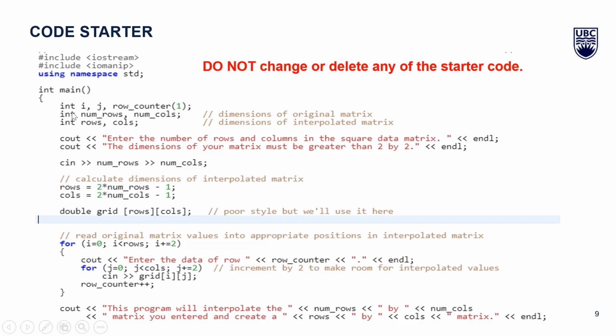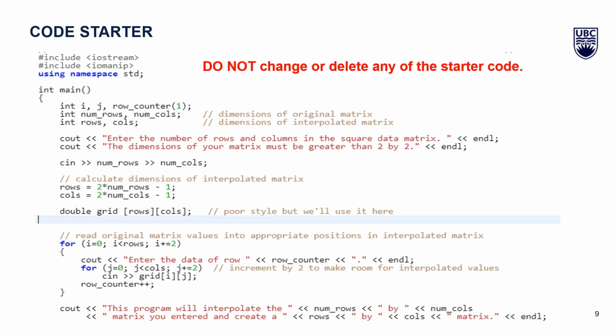After that we declare integers num_of_rows and num_of_columns that represent the size or the dimension of the original matrix, and after that we declare integers of rows and of columns that define the dimensions of the new interpolated matrix. Then we will ask the user to enter the number of rows and columns in the square data matrix, and we give a hint for the user that the dimensions of the matrix must be greater than 2x2.